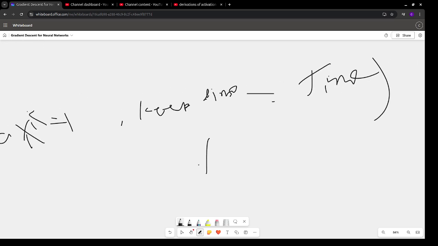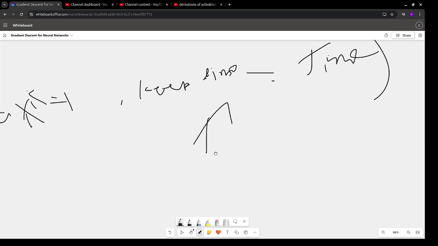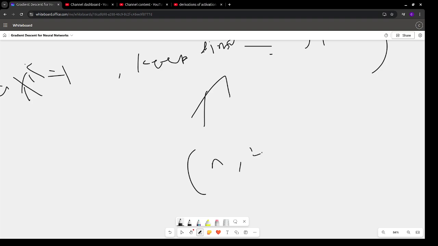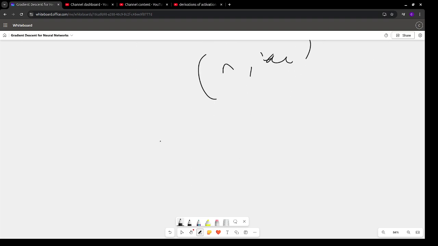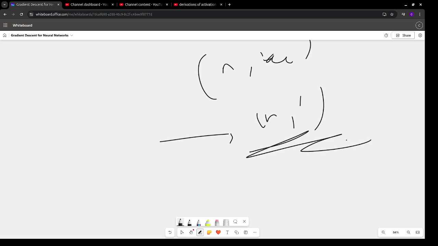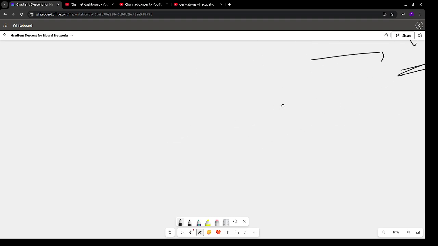So why do we write this keepdims? If we don't write it, then we will get funny errors, where we'll be getting arrays shaped like n comma something, or n comma 1 shaped arrays. So we need to write that.